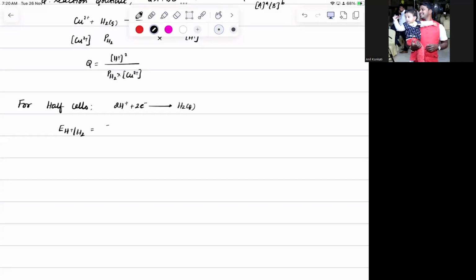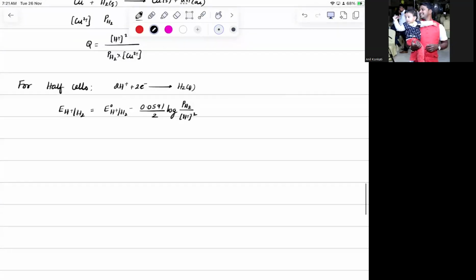This is the reduction. That should be equal to E naught of H plus to H2 minus 0.0591 by 2, electrons transferred, log of pressure of H2 by H plus concentration whole square. That's how you represent. So by this terminology, I'm sure you have understood how we see the same.